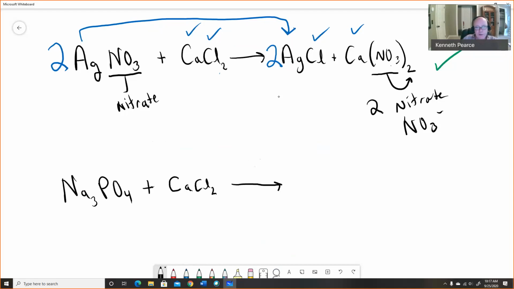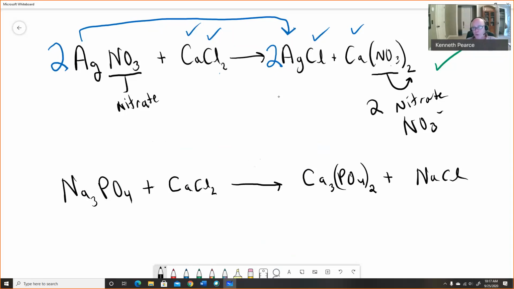And this time we'll get calcium phosphate, and we'll get sodium chloride. All right, so we need to balance this.